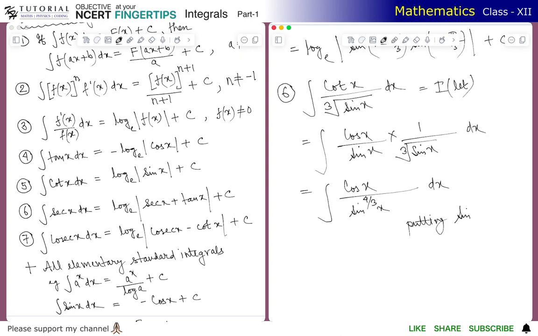If we substitute sin x equals t, we get cos x dx equals dt.